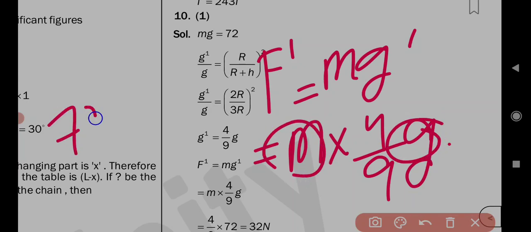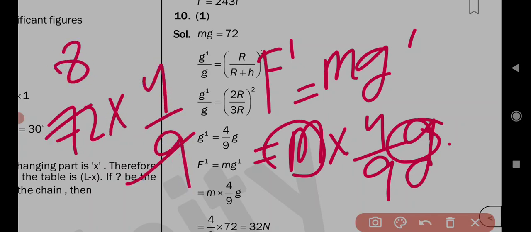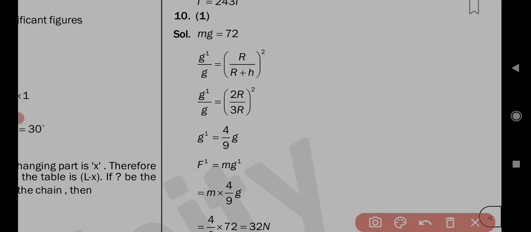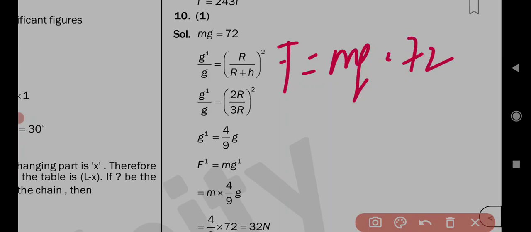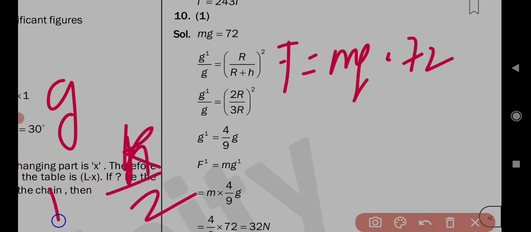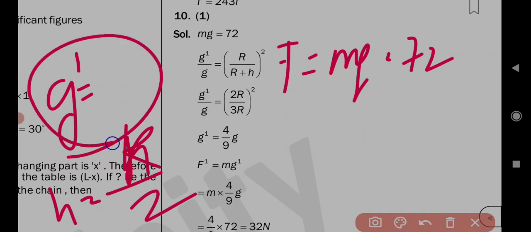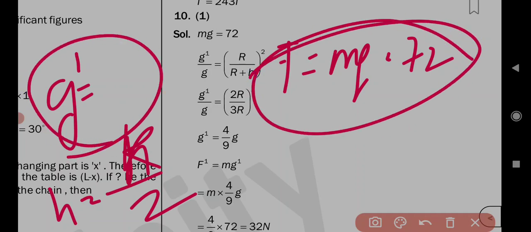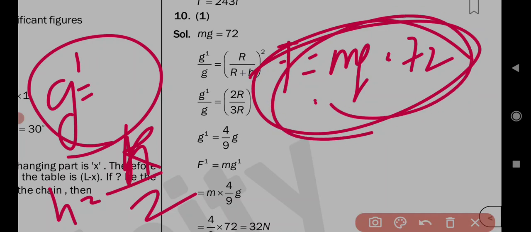So 72 into 4 by 9. 9 8s are 72, 8 4s are 32. So the answer will be 32 newton. Did you get the question? The question was mg is equal to 72 newton, that is given. We need to find out at a height h equal to R by 2. So for that we first calculate the gravitational force at R by 2, then we find the new weight of the body, and we already know mg, so we substitute that.